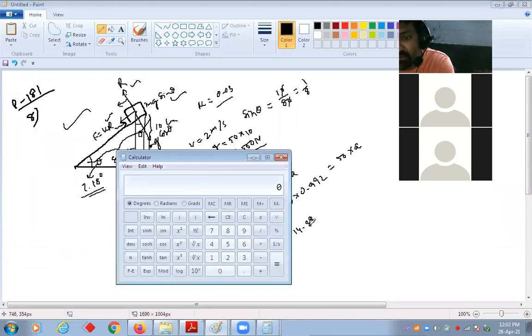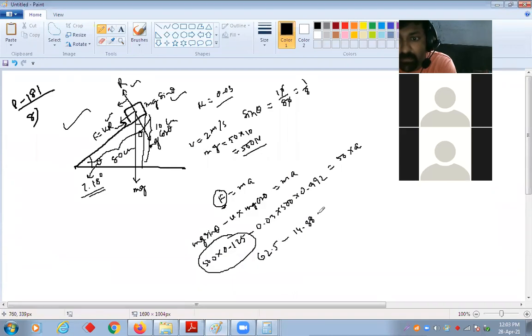Okay, 62.5 minus 14.88, 47.62 is equal to 50 into a.